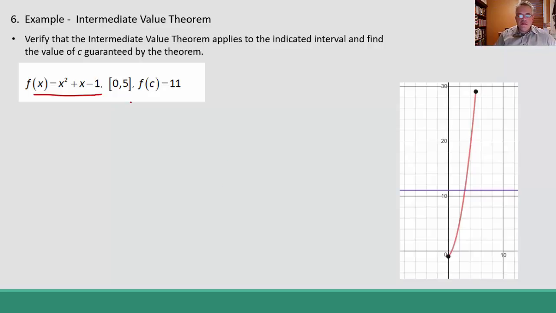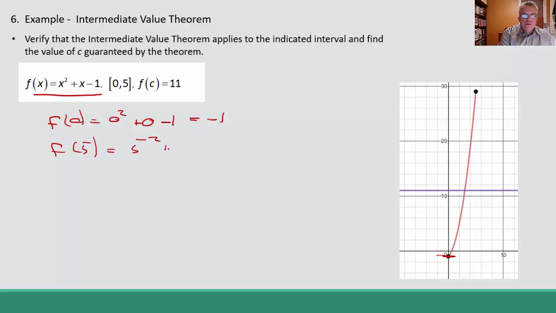Now, f of 0 at the left endpoint is 0 squared plus 0 minus 1, which is negative 1. That's down here. At the other endpoint, f of 5 is 5 squared plus 5 minus 1, which is 29, which is up here.